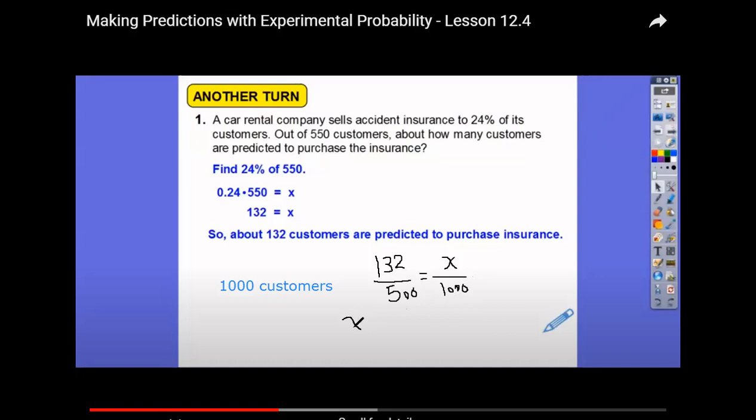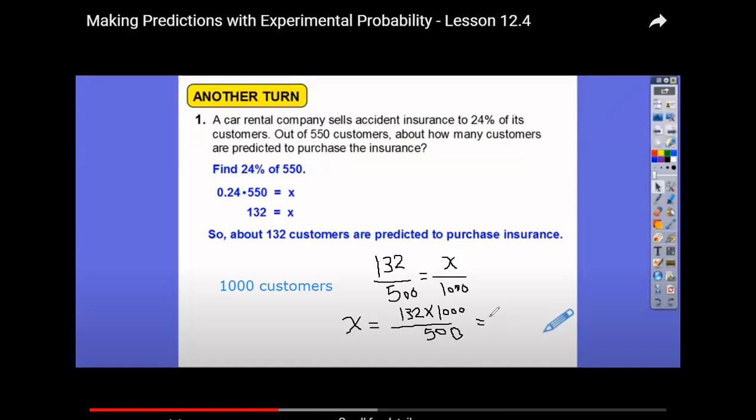How will we find the answer for x? 132 multiplied by 1000 divided by 550. So the answer will be what? 264. Yes. So the answer would be equal to 264.